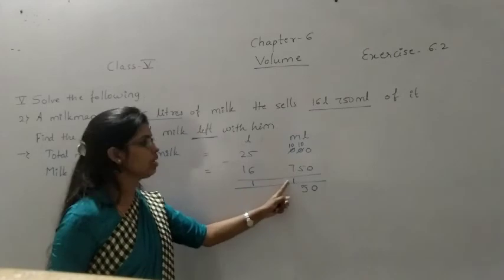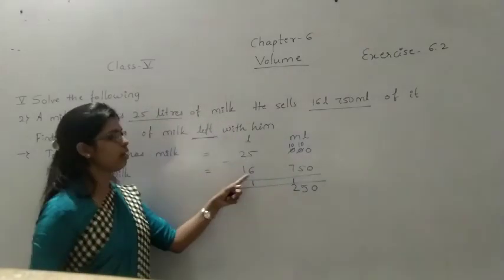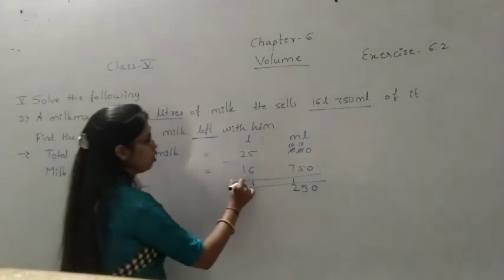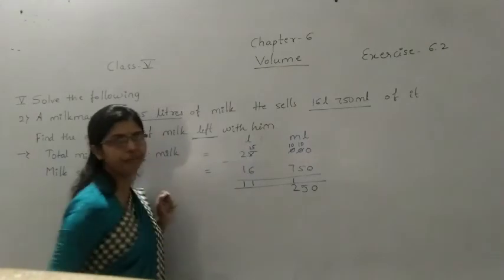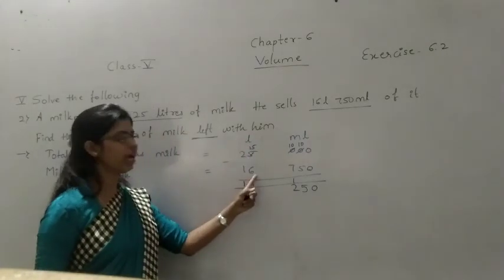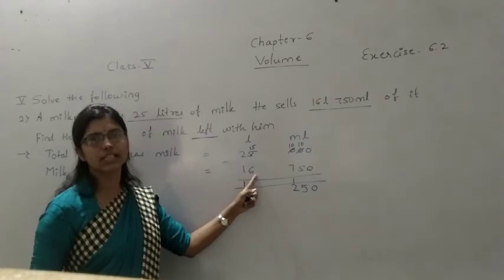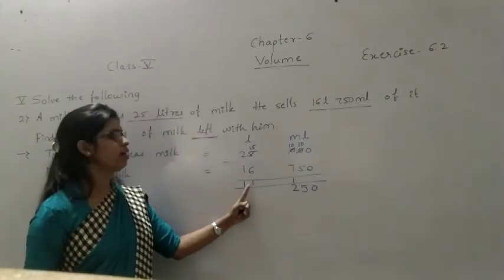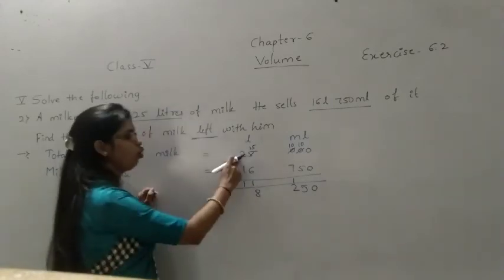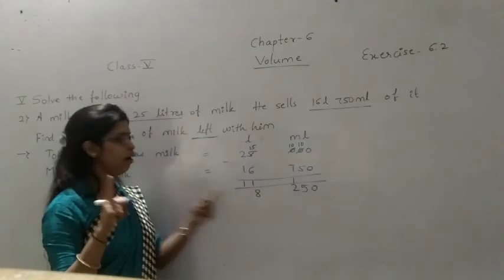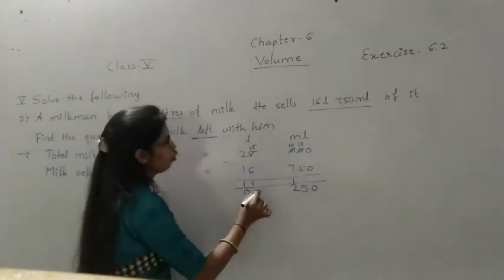5 minus 6 not possible. We should take carry. Then 5 becomes 15. 15 minus 6, that is 9. 9 minus 1, that is 8. 2 minus 1 is 1, and also we should subtract carry 1. The answer is 0. Here 8 liter and 250 milliliter.